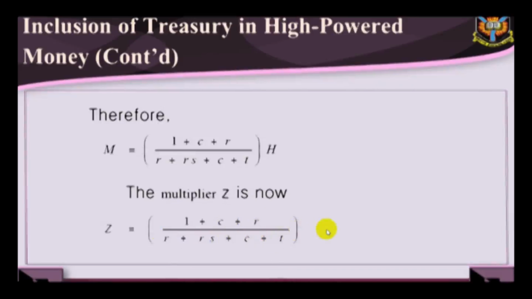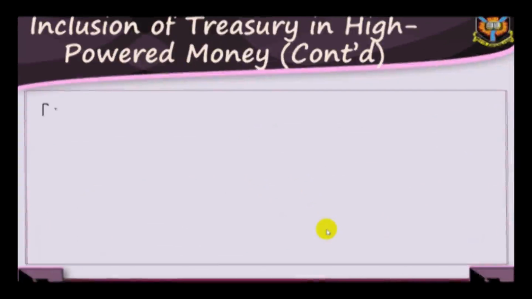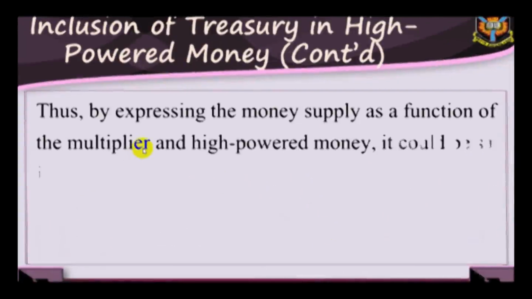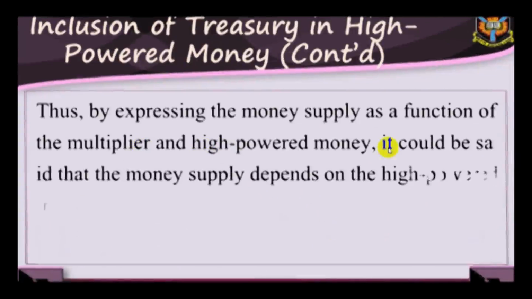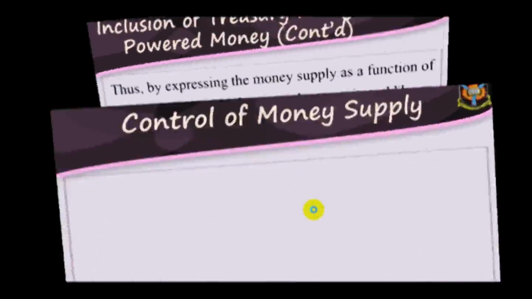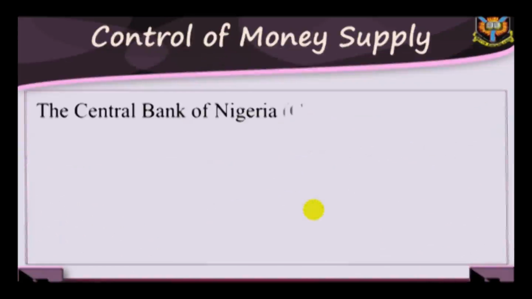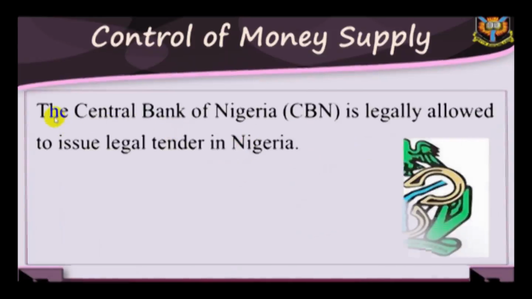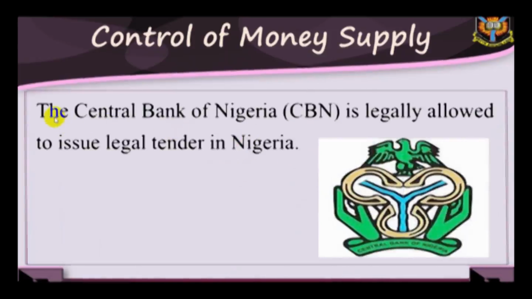Thus, by expressing the money supply as a function of the multiplier and high-powered money, it could be said that the money supply depends on high-powered money while the multiplier is held constant. But differently, we can say that money supply is determined by the high-powered money and the multiplier, which is more realistic, according to Ajayi 1981 and 2006.